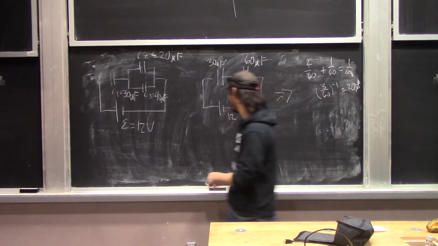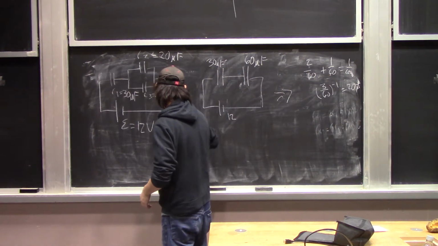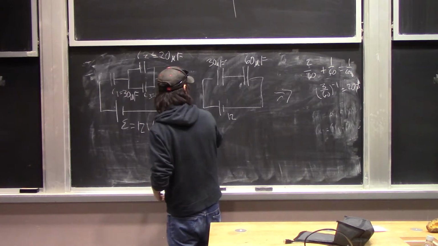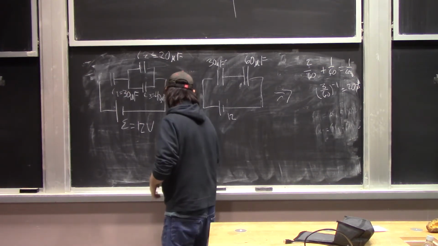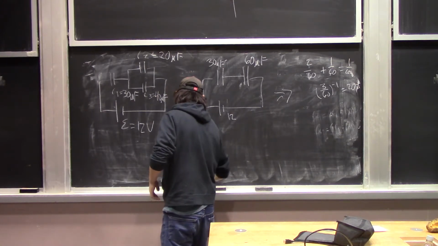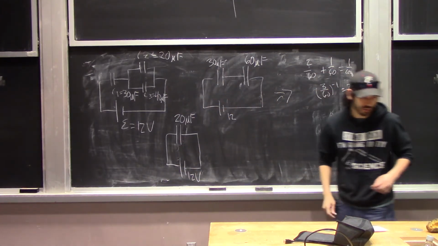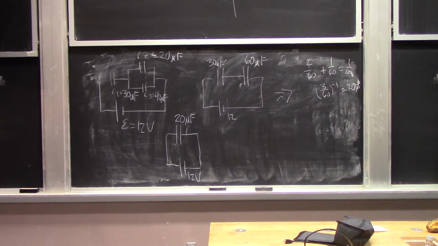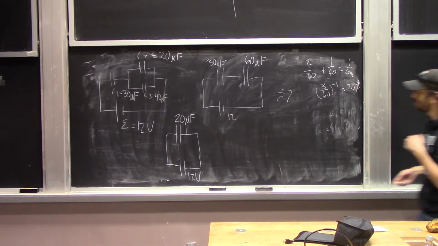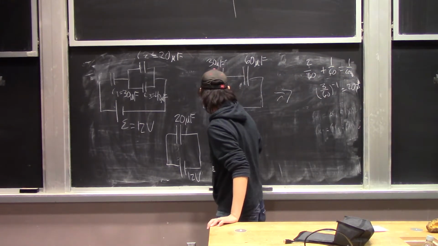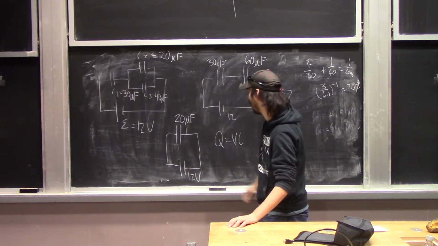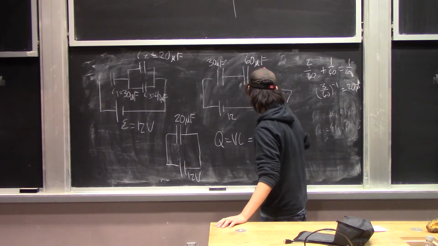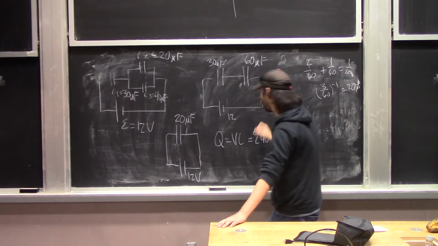So the equivalent capacitance is 20 microfarads. We have a voltage of 12 volts, and in order to find the charge on the equivalent capacitor, Q is equal to V times C, which is 12 times 20, which gives us 240 microcoulombs.